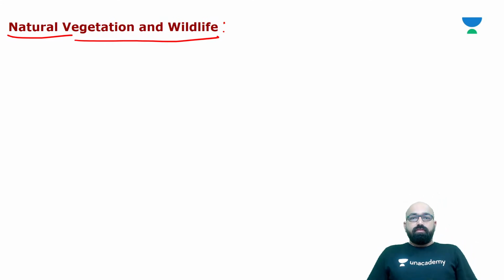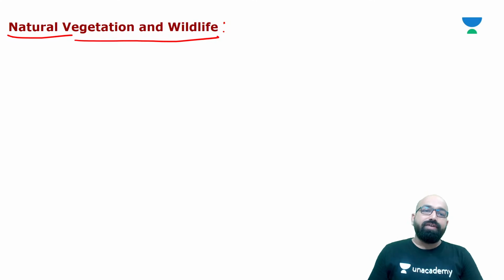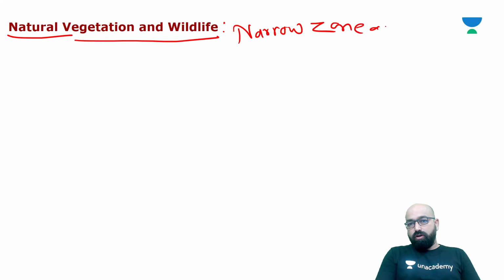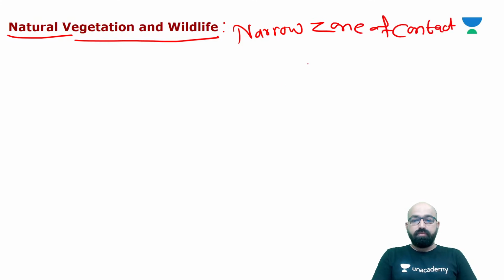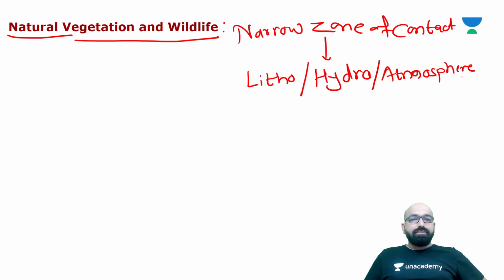As we know, the natural vegetation and wildlife exist only in a narrow zone of contact between the lithosphere, hydrosphere, and atmosphere that we call biosphere.